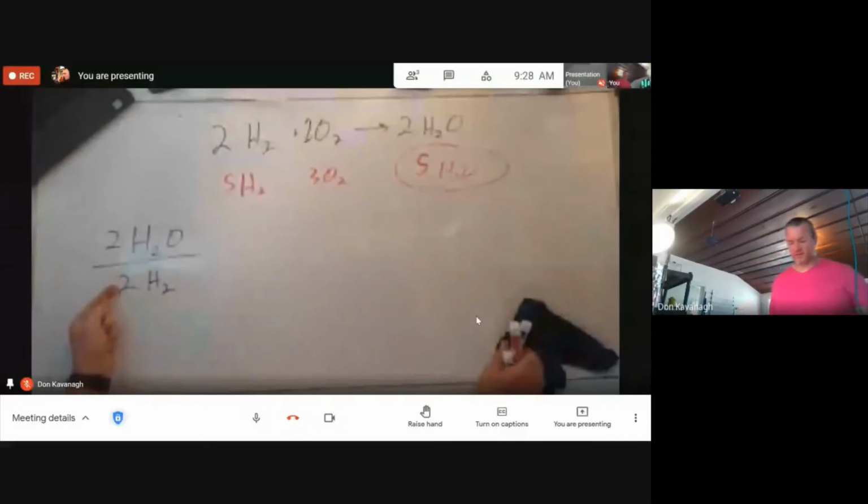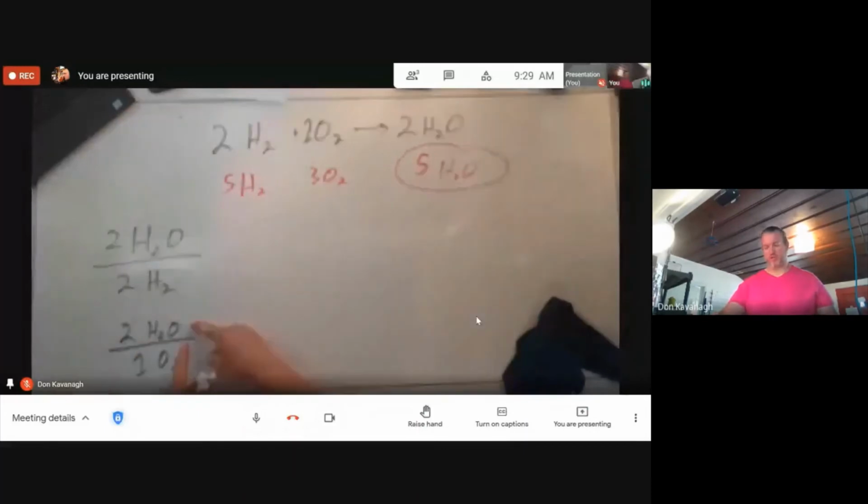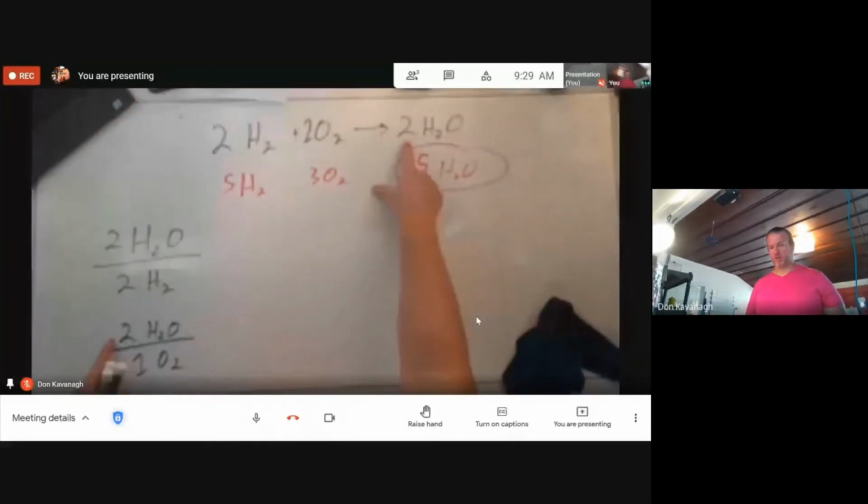And then identically, the ratio of the product H2O with respect to the other reactant O2. Now these 1s and 2s are fixed because of the balanced chemical reaction. And I have them all in purple to kind of show that out there.